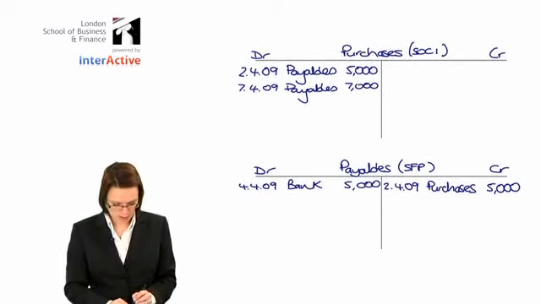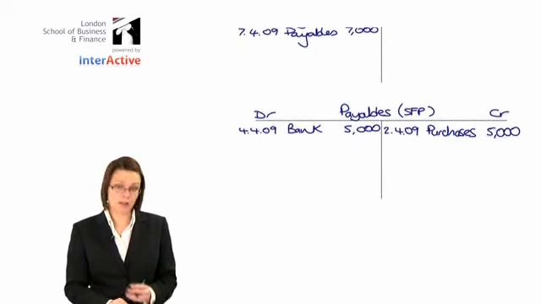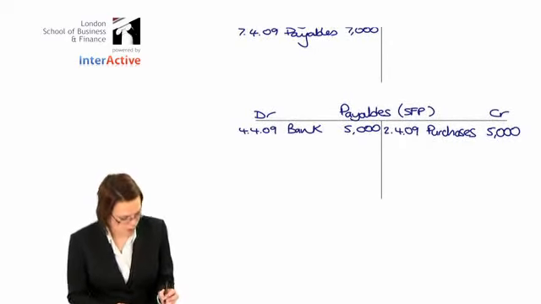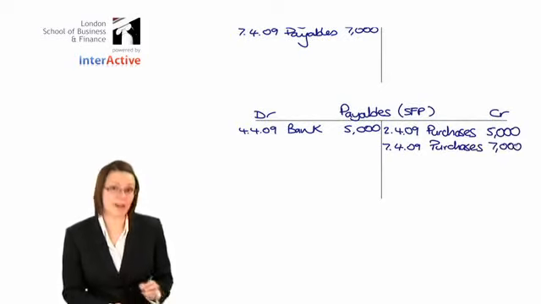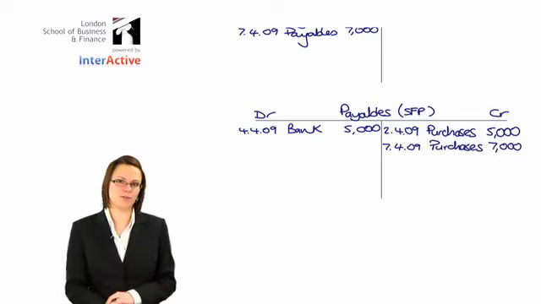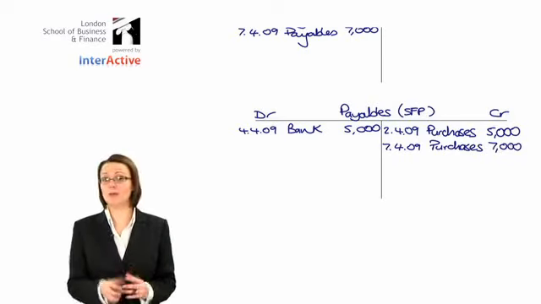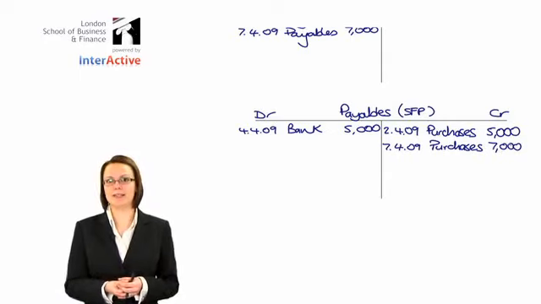Now if we do the corresponding credit entry, looking at payables on the 7th of April 09, our opposite account is purchases, and we're going to credit that with $7,000. And there we go, transaction 7 complete.